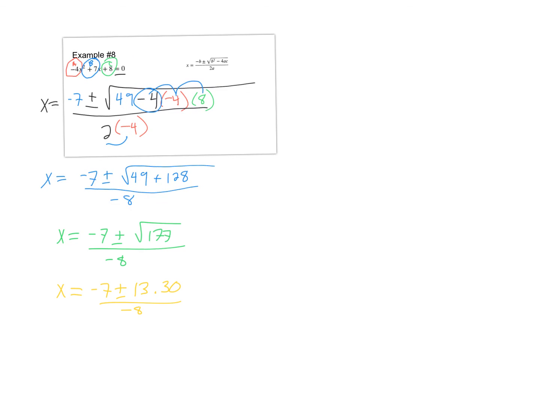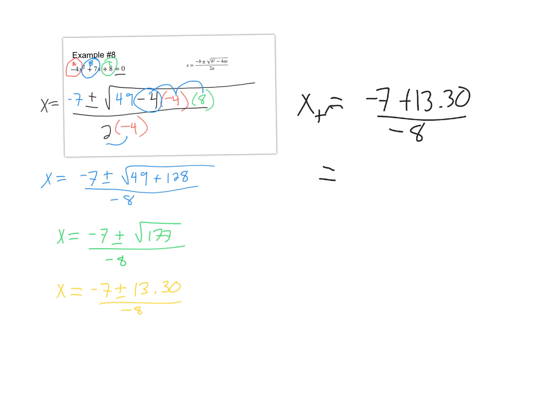All right, so let's do our x positive. It says negative 7 plus 13.30 divided by negative 8. Okay. So now we're going to take negative 7 plus 13.3.